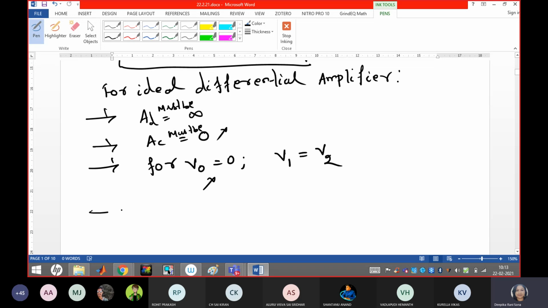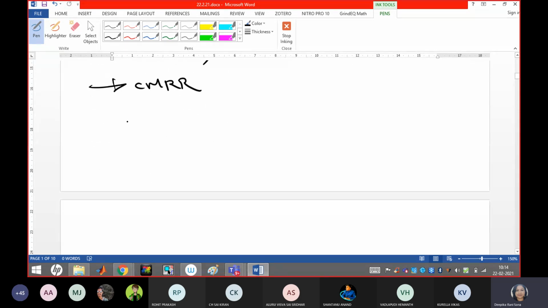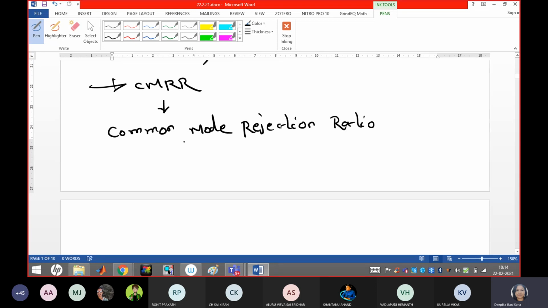At that time we have to define the CMRR. What does CMRR stand for? CMRR stands for common mode rejection ratio. Okay, so how do we define this CMRR?